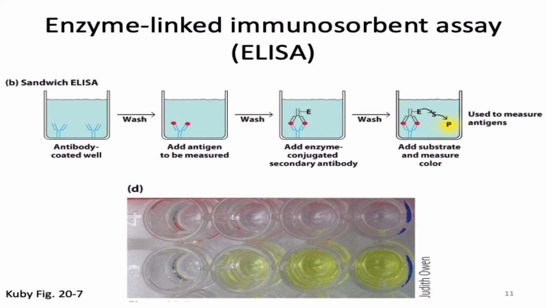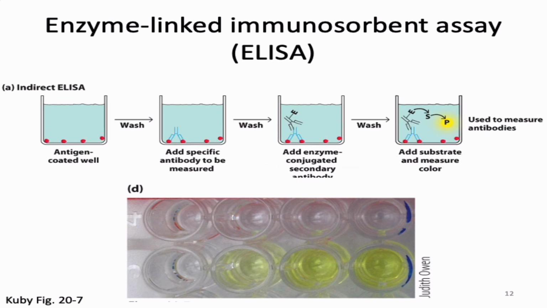so this is one type of ELISA. Again, this is the sandwich ELISA where you're looking for antigen. Alternatively, we can do something called the indirect ELISA. And in the indirect ELISA, you're looking for antibodies. So here you actually put known antigen into the well. And then you add serum from your patient, which may or may not contain the antibody of interest.